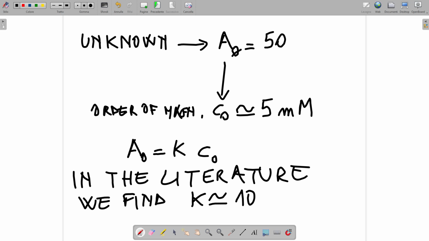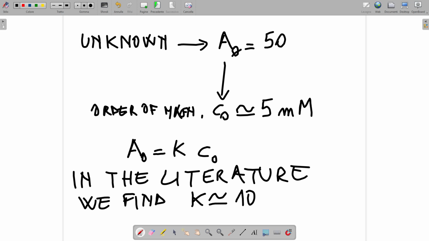I know that the centroid of my model should be 5 millimolar. So I will choose C1, C2, Cn so that the average will be 5. Okay? So for instance, 1, 3, 5, 7, 10, the average is around 5.